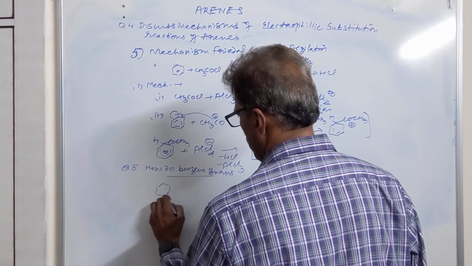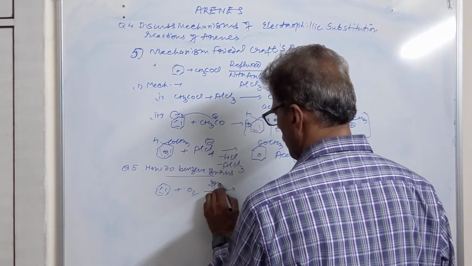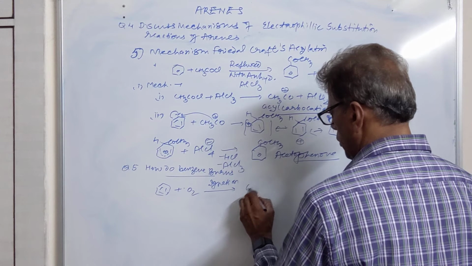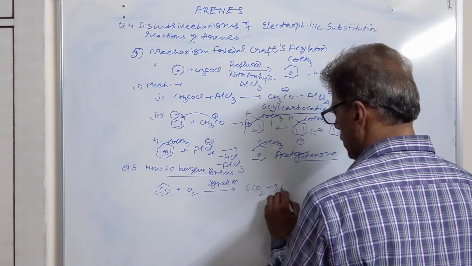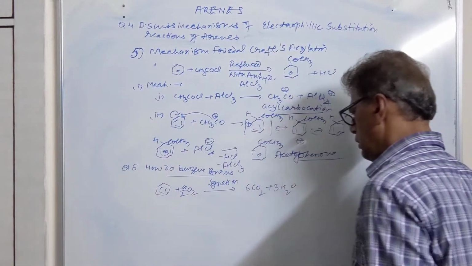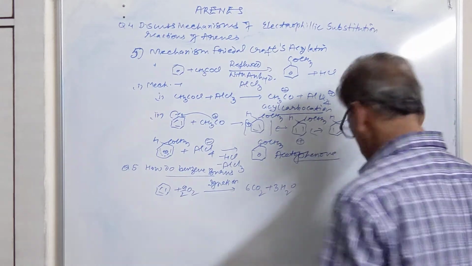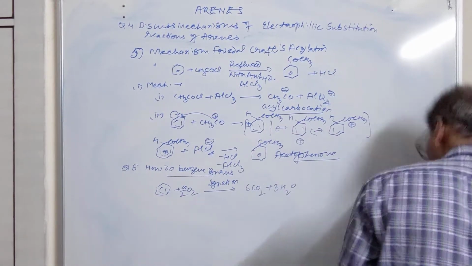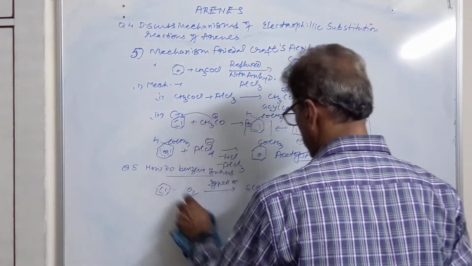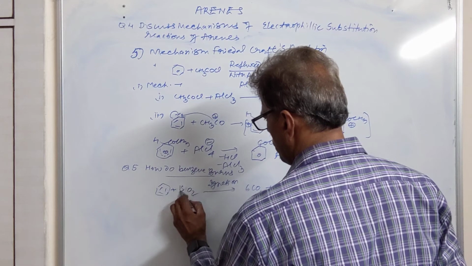When benzene is ignited in the presence of air, it will produce 6 CO2 plus 3 water. This ignition should be done in the presence of oxygen. We will be using 15 by 2 oxygen here.